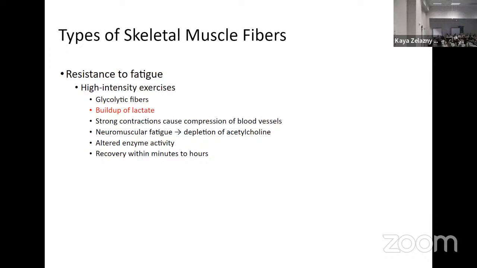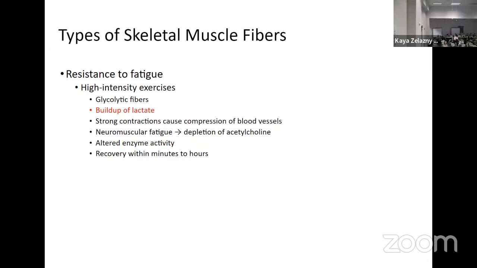But if you want to do something really high intensity, requiring lots of strength, lots of speed, you're going to want to use your really strong contractile fibers. So high intensity exercises are using those glycolytic fibers, our fast glycolytic fibers, right? They have this less efficient form of energy production, which is going to lead to some fatigue.